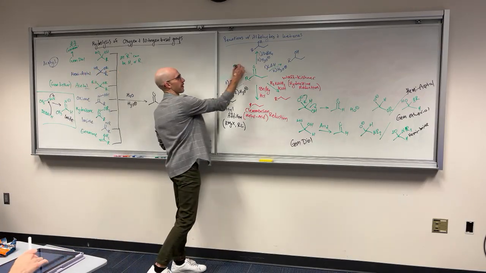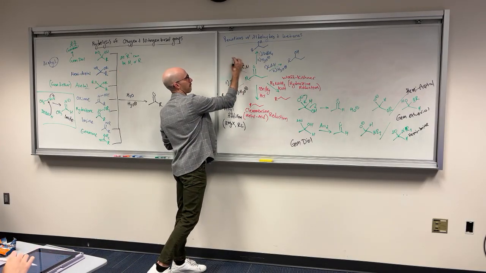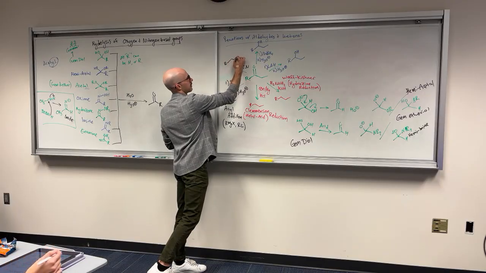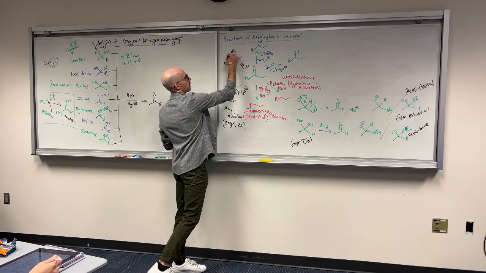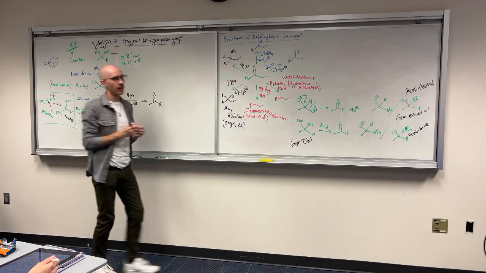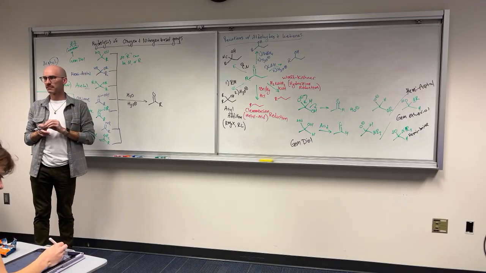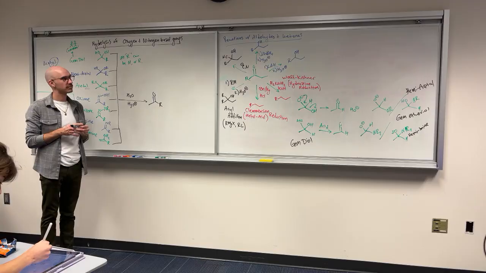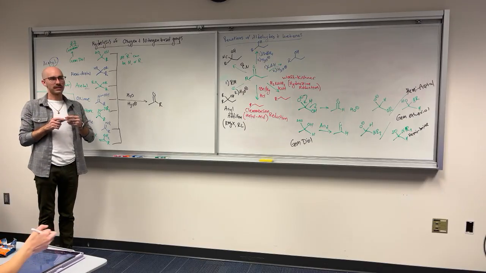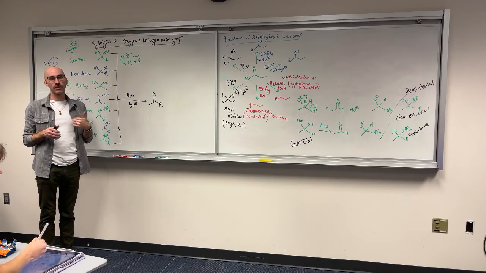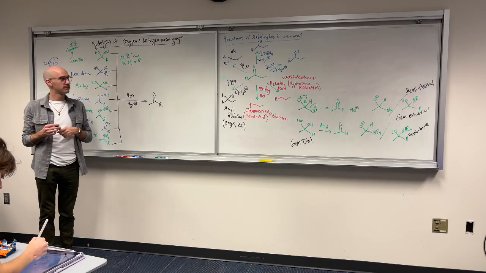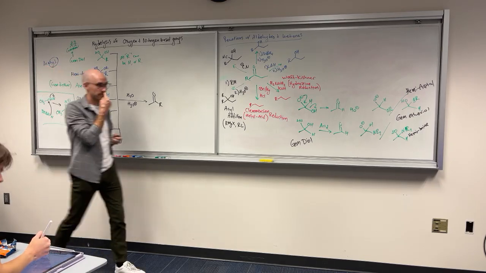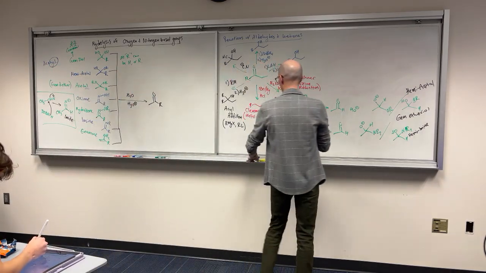This was with cyanide. And this gave us the cyanohydrin. So it's also acyl addition. But instead of using an organometallic, we're using cyanide. Where's the other H?